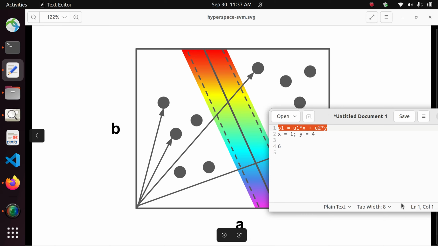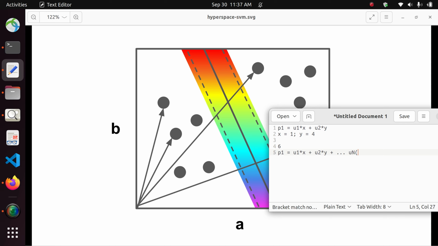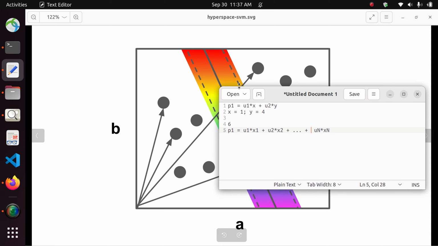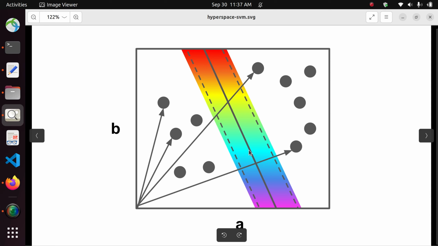And so in a similar way, if it's 6-dimensional space, we are actually looking at a linear combination now of unit vectors, which span all the way, in this case u6, but let's just go to the general sense, un times xn, and then we can just convert these to x2 and x1. So every point, no matter what its dimension, can be represented as a vector, mathematically at least. And the hyperplane, we can do that in a very similar way. A calculation of the optimal hyperplane is done in support vector machines, and that is what is doing the classification.